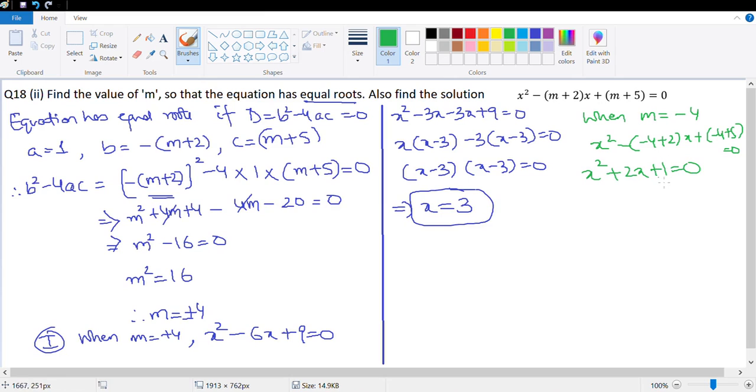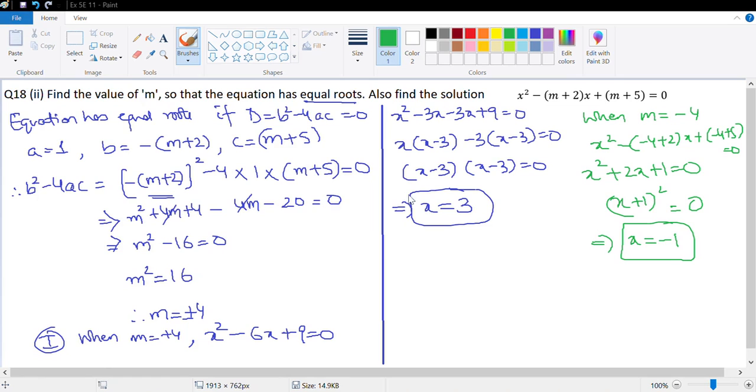So this is of the form x plus 1 the whole square. Yes, this is x plus 1 the whole square. X square plus 2x plus 1 is equal to 0, which means x is equal to negative 1. So the value of x in this case is 3 or negative 1. That's the final answer. Good.